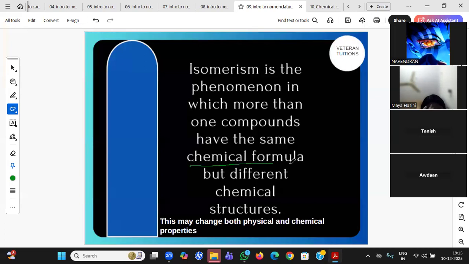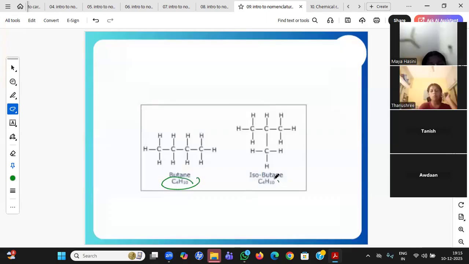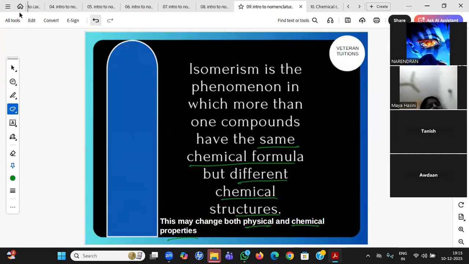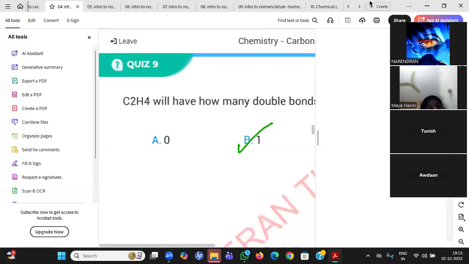Same molecular formula, but different chemical structure. You can look here, C4H10, C4H10, but different structure. But I also said both physical and chemical properties will change. They both will change. So let me come back to the question.